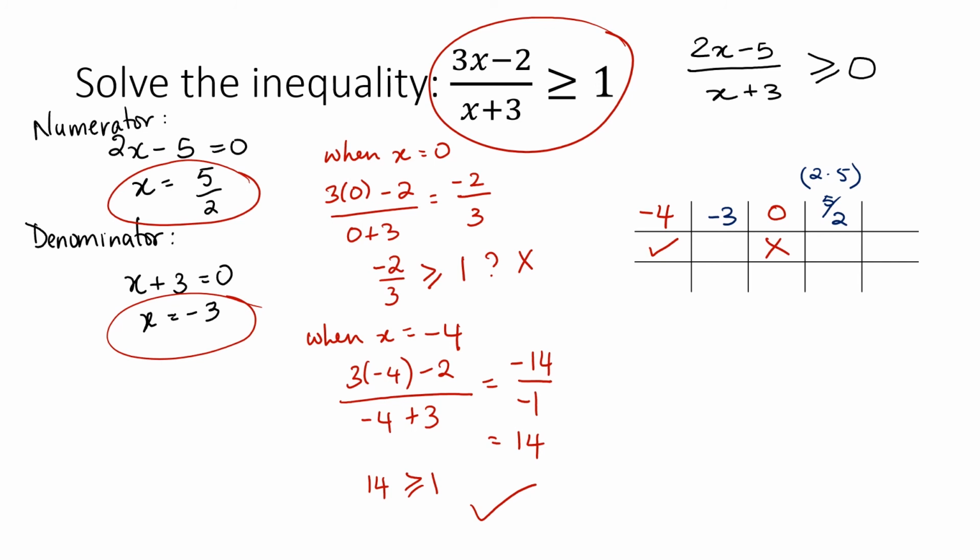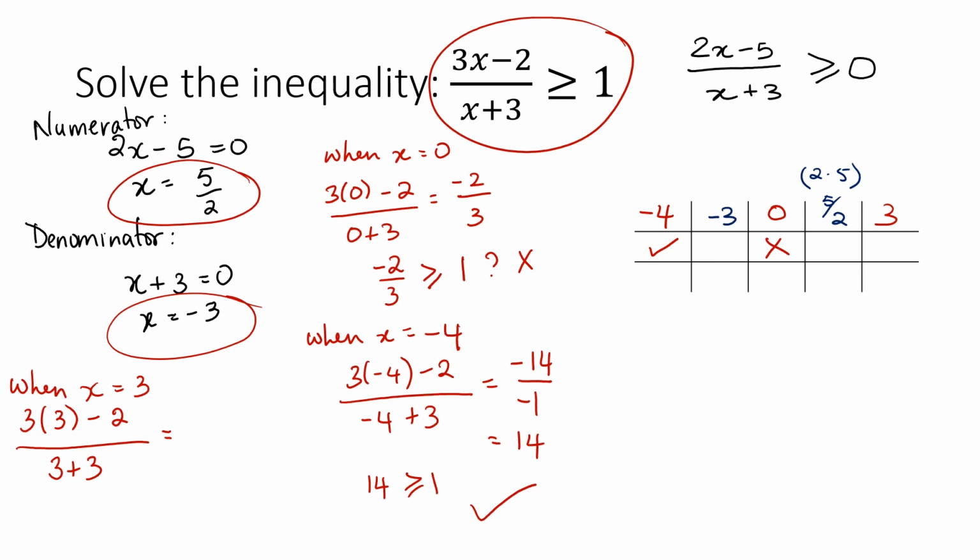And our last one, a number that is greater than 5/2, and that number is 3. So when x equals 3, then we have 3 times 3 minus 2 over 3 plus 3.